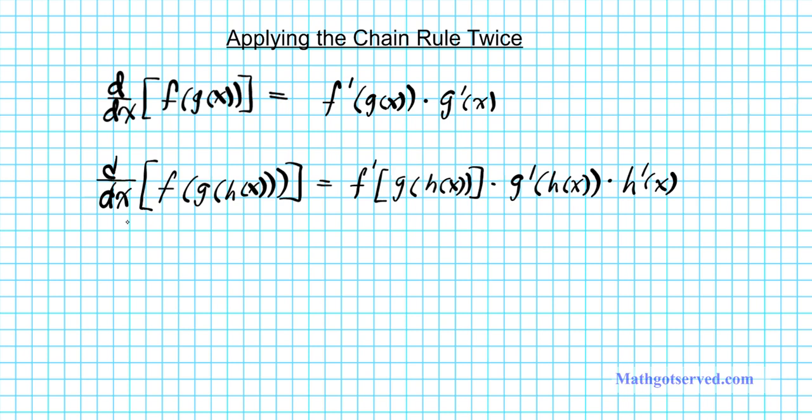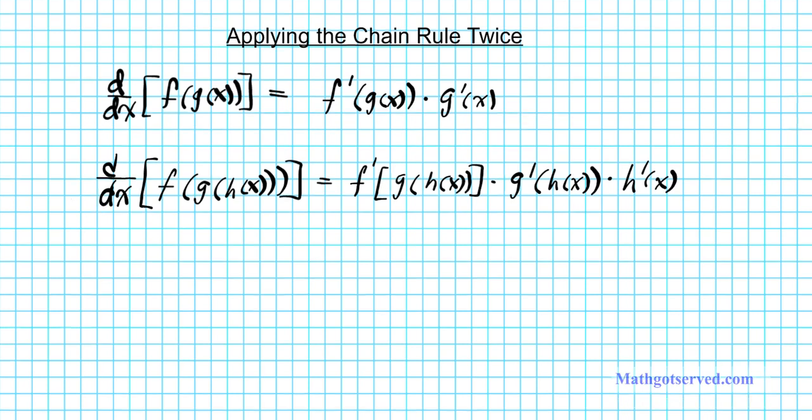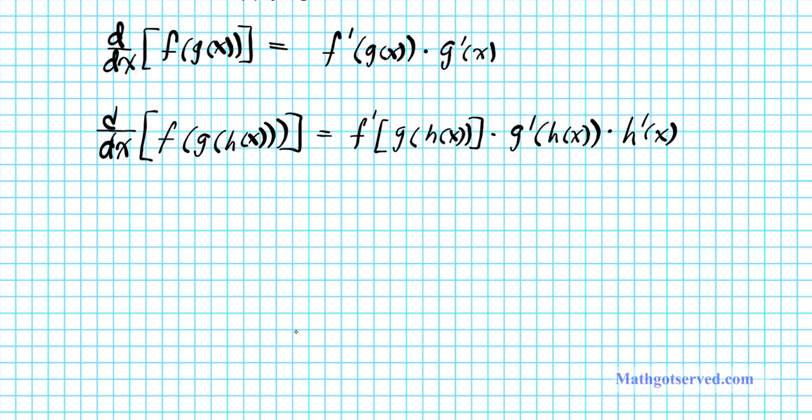Okay? Just to help you see it in a different way, we can represent this procedure using a tree. So let's go ahead and decompose this function. What if you have f of g of h of x? This composite function is made up by composing f and g of h, right?